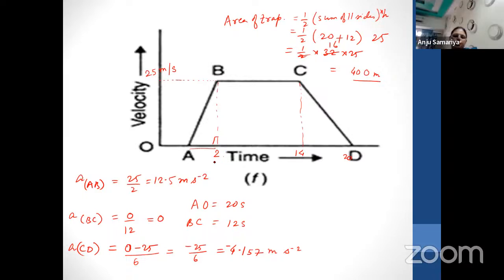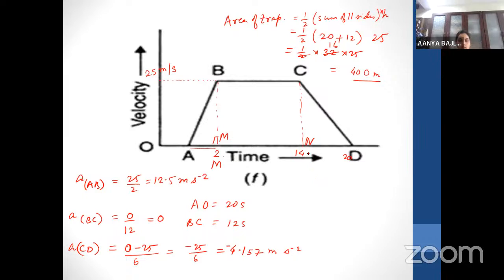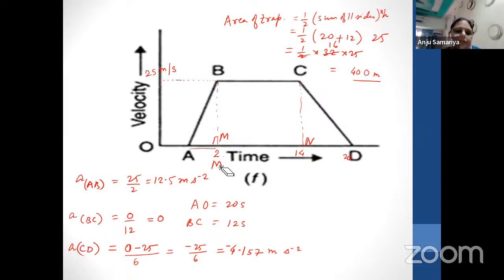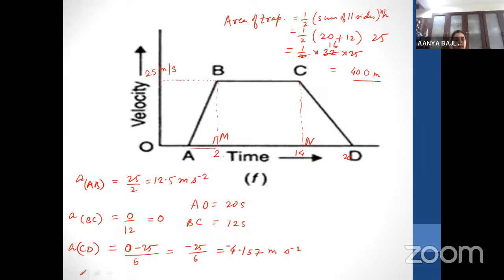Let us put M here and N here. So what is the distance MN? It is 14 minus 2. Did you understand?